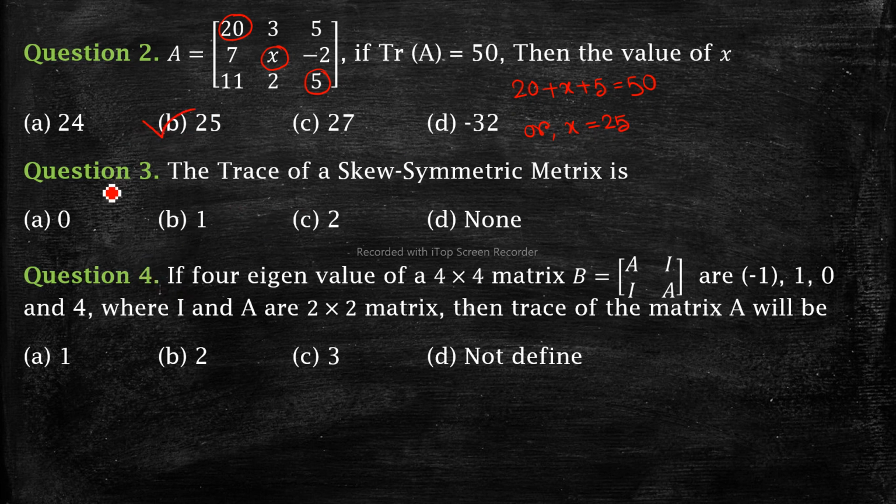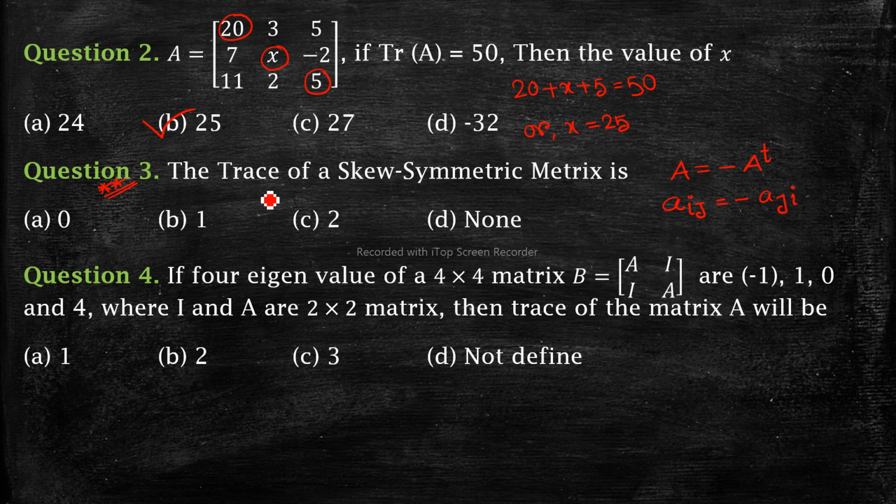Now this is also an important question. What is the trace of a skew symmetric matrix? We know a skew symmetric matrix satisfies A equals minus A transpose. We know this. Although we can say, Aij equals minus Aji.